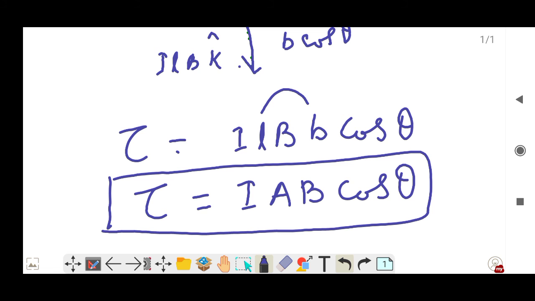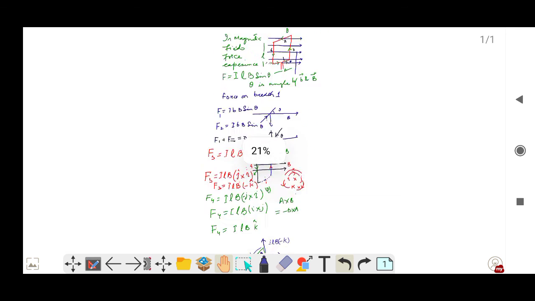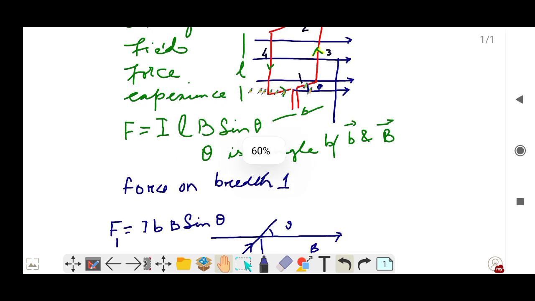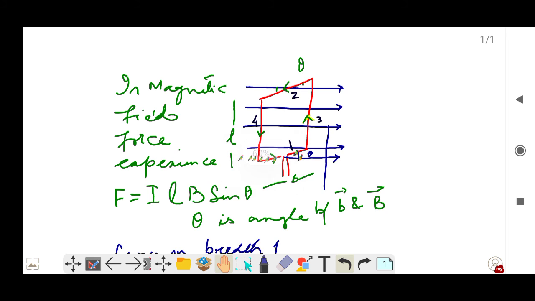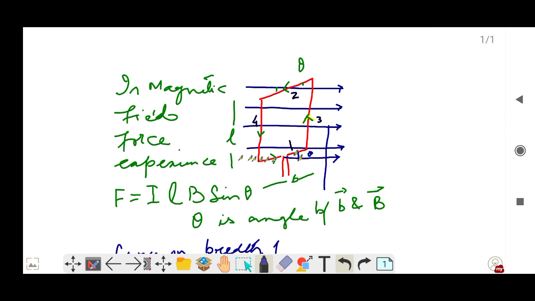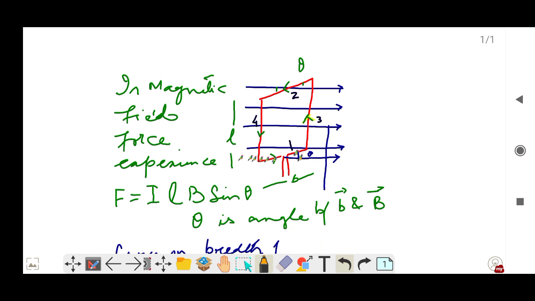Now if I move back to my original diagram, the first diagram, this was theta. If I want to find the direction of area, I'll take a different color and represent that area by this.